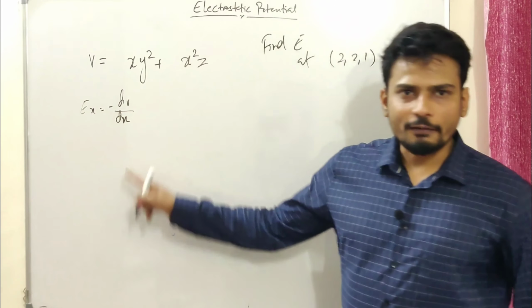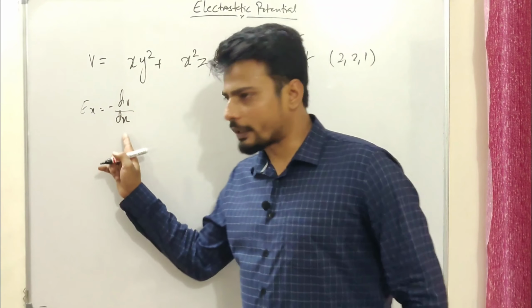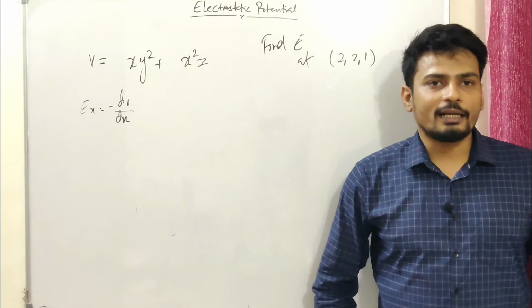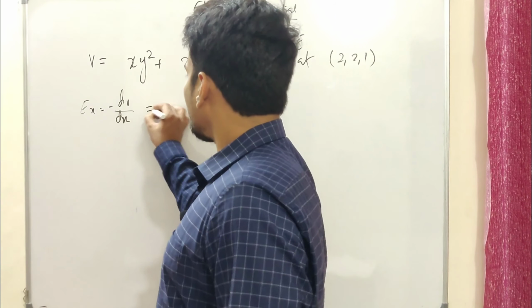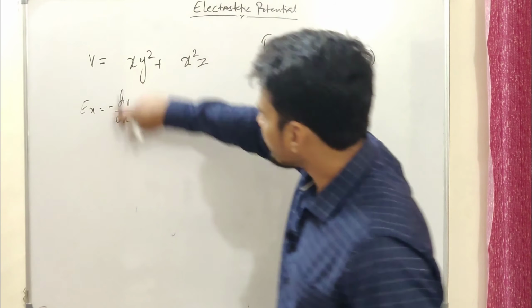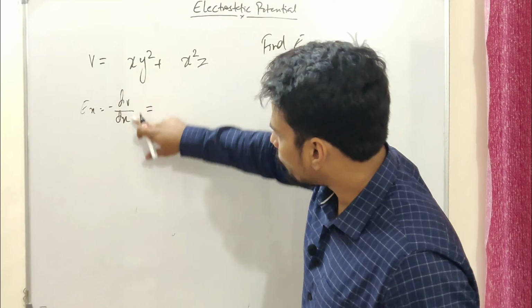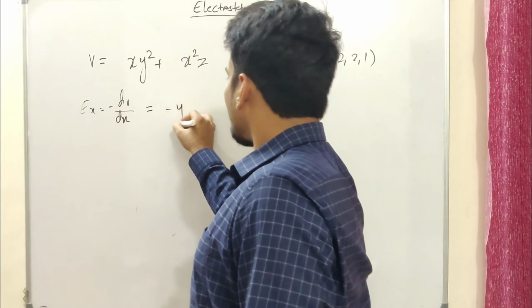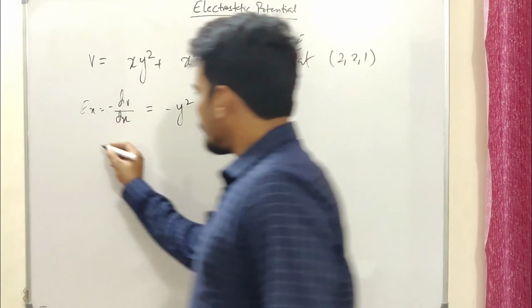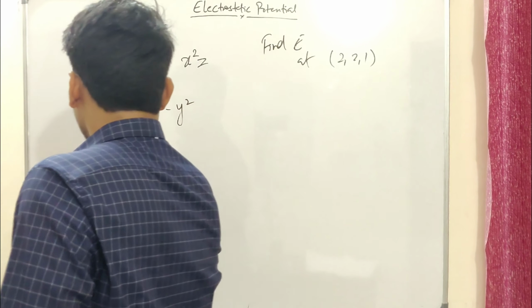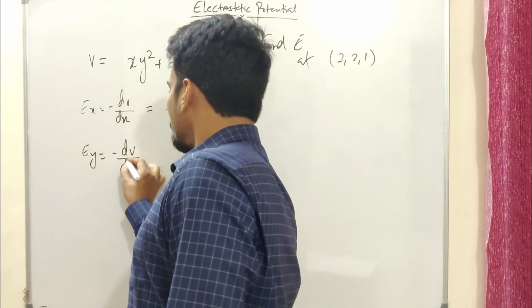This is a partial differentiation. When I differentiate this with respect to x, it means y and z should be taken as constants. That's the meaning of partial differentiation. Keeping y as constant, only x is a variable, I'll have negative y². The other part is going to be 0 because it is constant with respect to x. Likewise, Ey should be negative of ∂V/∂y.